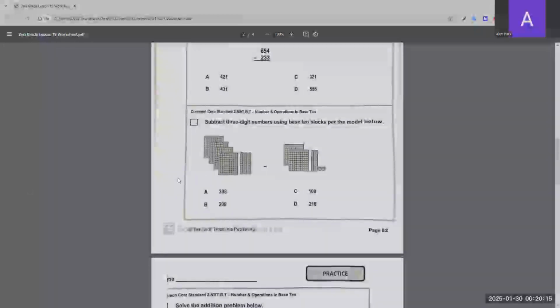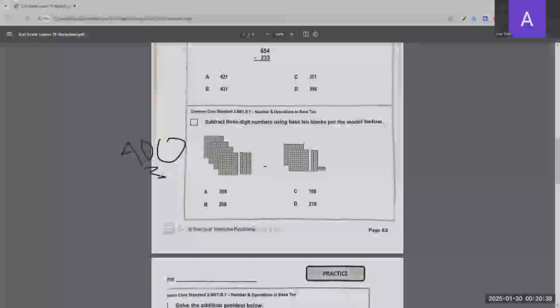Next, subtract three-digit numbers using base 10 blocks per the model below. So we have 1, 2, 3, 4 of the hundreds. And then we have 1, 2, 3 of the tens.